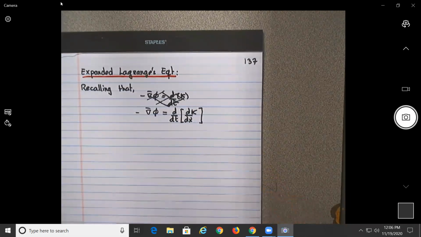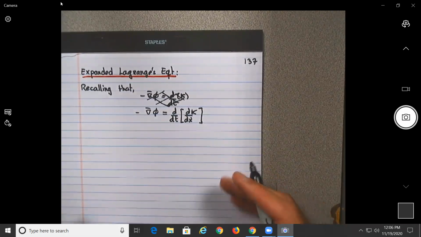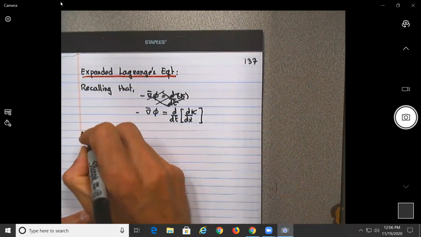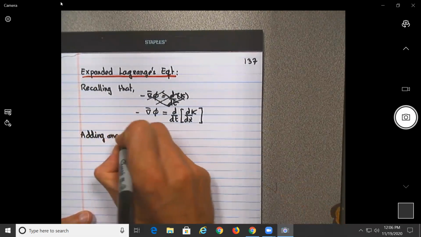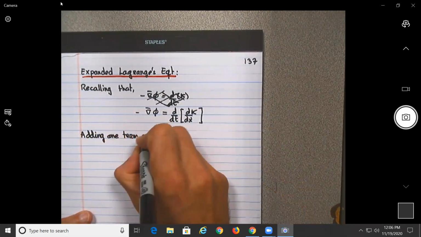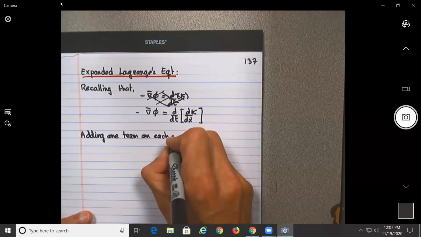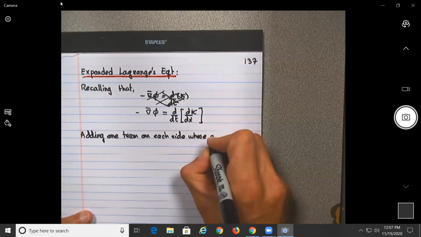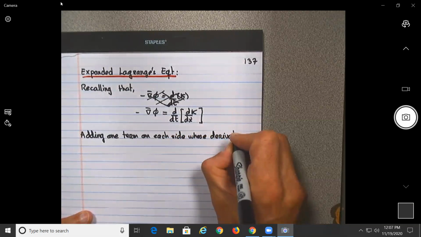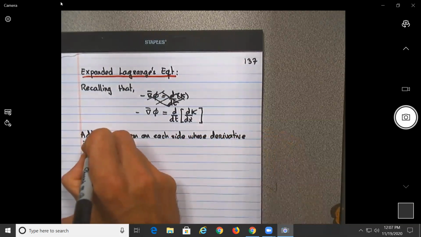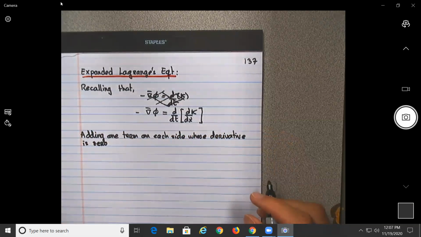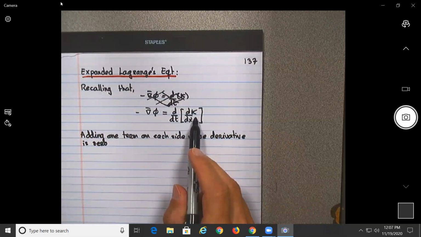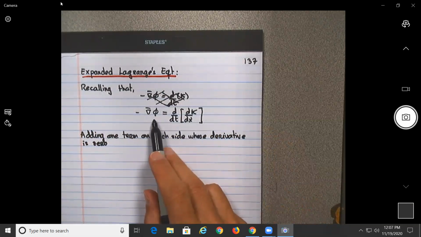Now maybe you see it because of the case we did, but generally what they do is add in one term on each side whose derivative is 0. On the example we did before, you saw that the value for the potential energy was 0, and when we did the other term, whatever it was for the kinetic energy was 0.